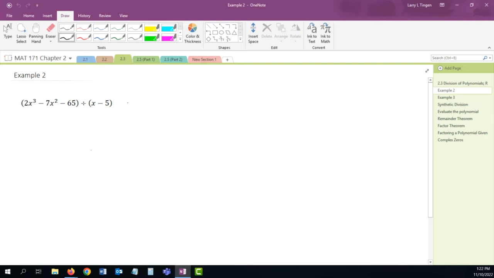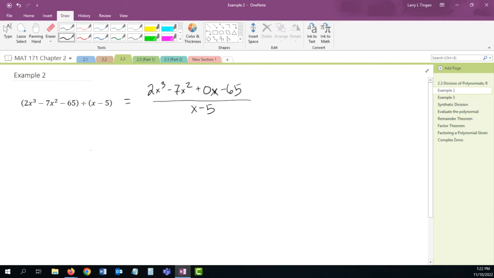I may be repeating myself, but that is completely fine. I'm dividing. Remember that this, because this comes up later, this same problem can be written like this, and it means the same thing.